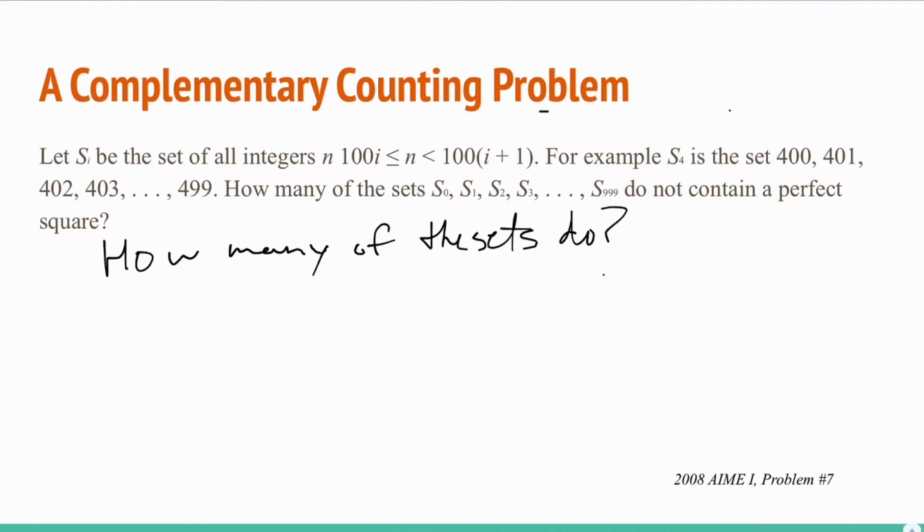And this may make it easier, because whichever sets after the ones which are less than 100 apart do have to contain a perfect square. We can draw a correspondence with those number of sets and the number of perfect squares. So first let's find the number of squares that are less than 100 apart.